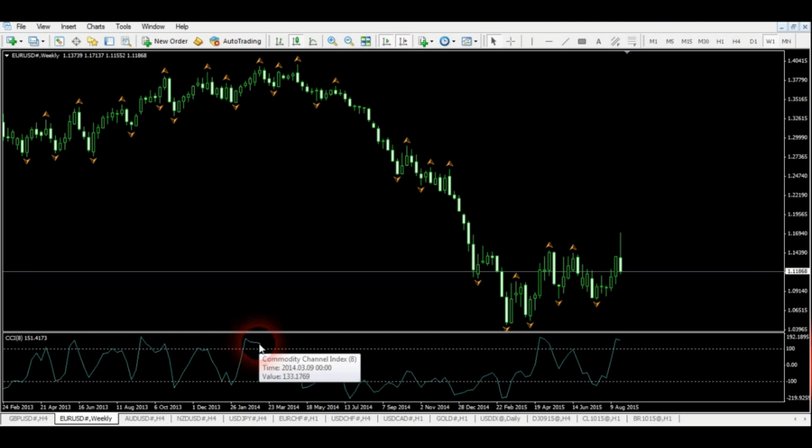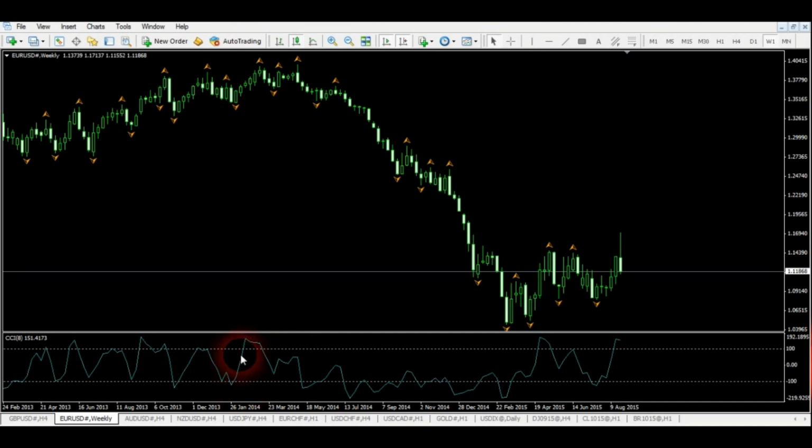And for a more precise confirmation, we should wait for this line to go under this line, and we can say that our downtrend is confirmed.